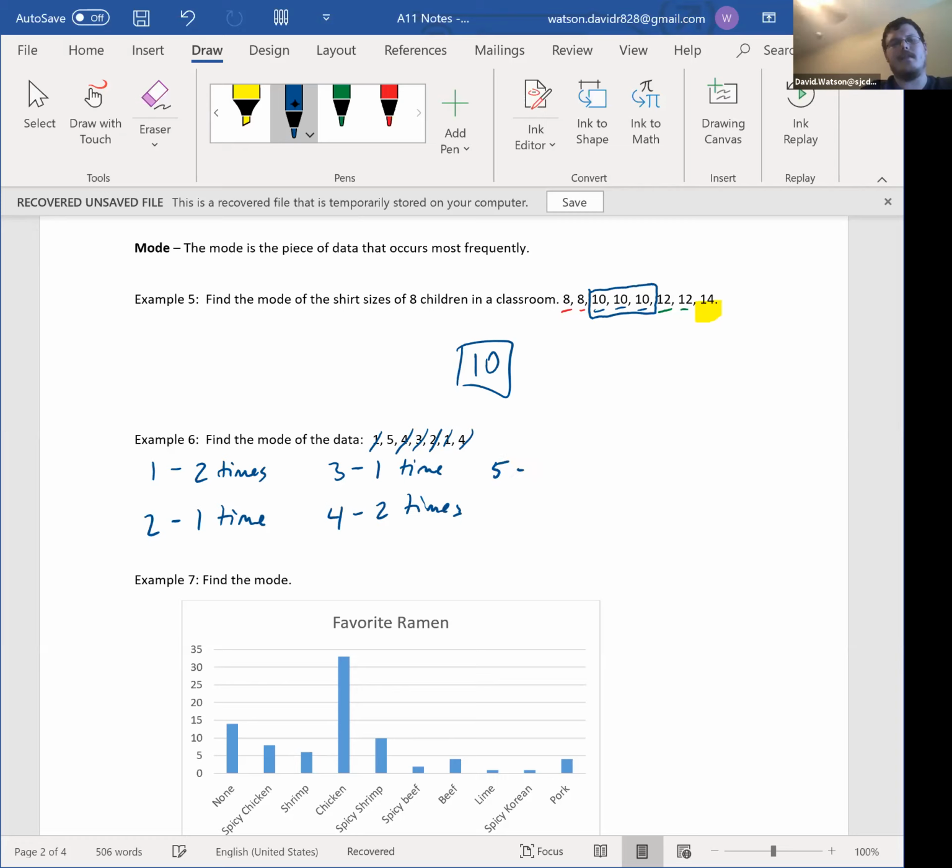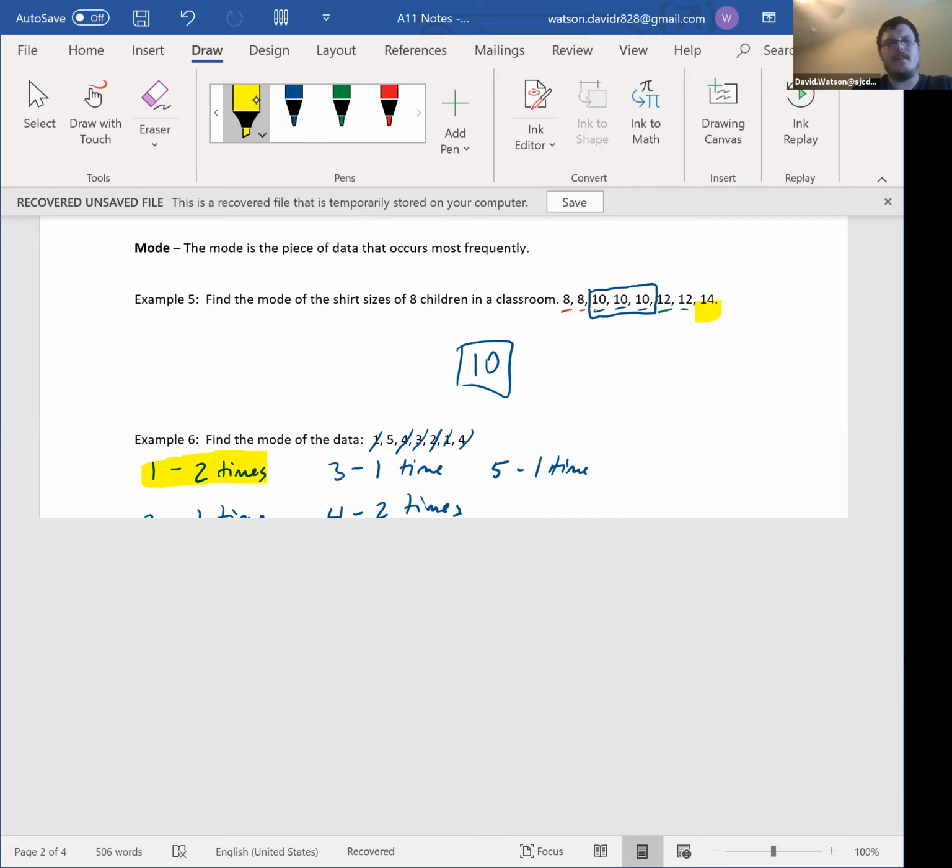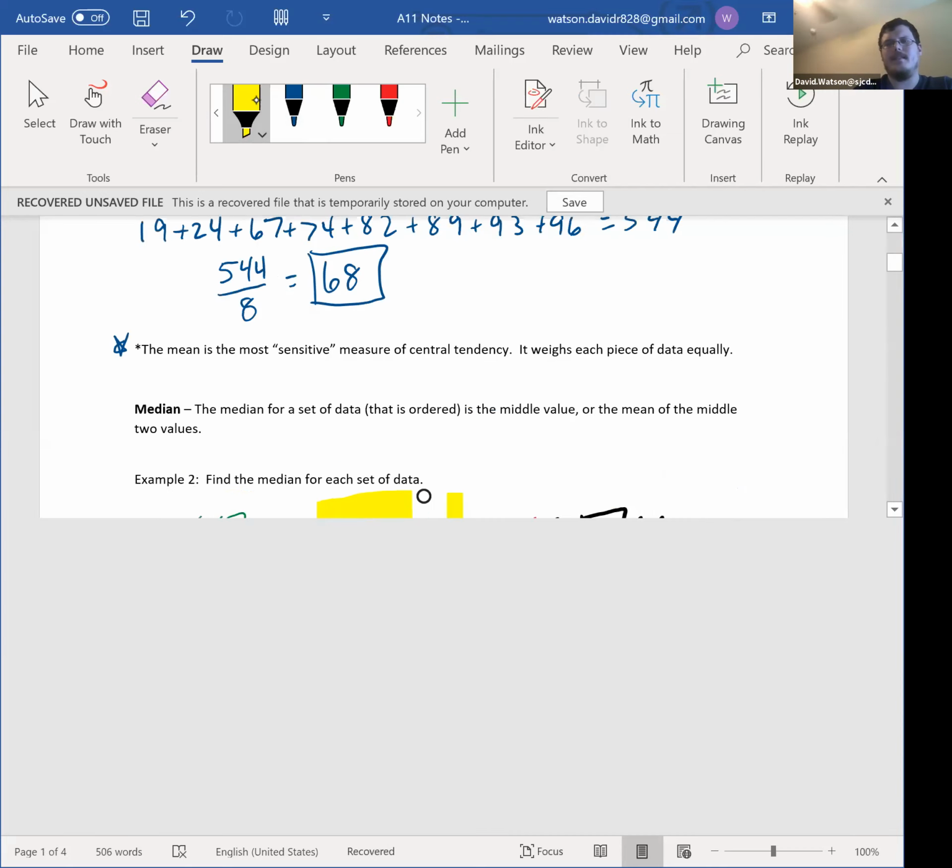And 5 shows up one time. So which data value shows up the most? Well, in this case, there's actually 2 of them. So 1 showed up twice, and 4 showed up twice.